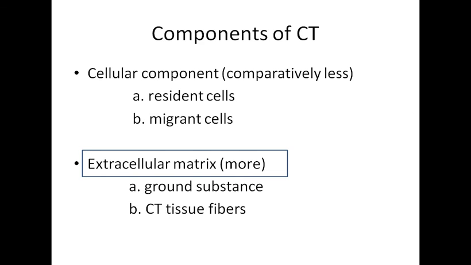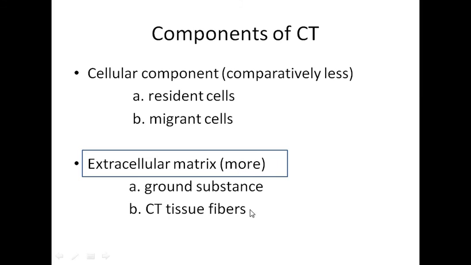These are all white blood cells. So this was all about the cellular component. The resident cells include fibroblasts, adipocytes and mesenchymal stem cells. The migrant cells include macrophages, mast cells, and plasma cells.